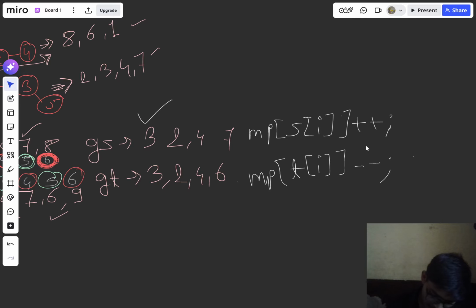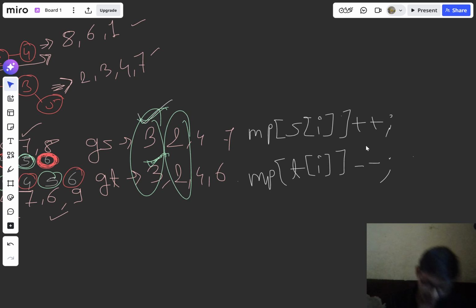We increment 3 using the source and decrement 3 from the target, so this is balanced. So the Hamming distance will be 0 now. Then from the source 2 is incremented and from the target 2 is decremented, so it is balanced again. Then for 4 it will also get balanced.